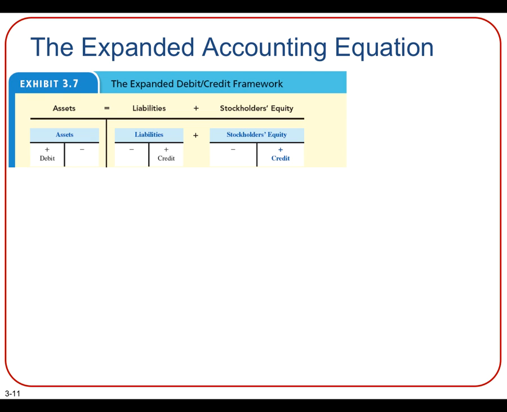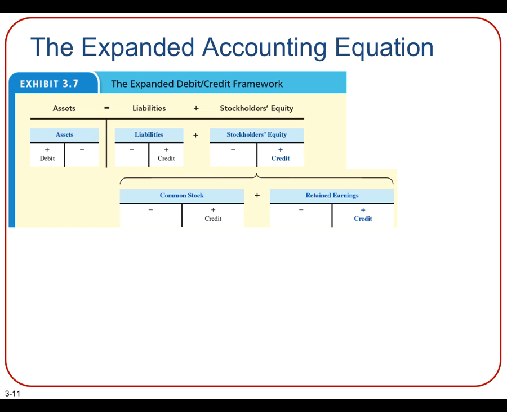Okay, so this is the T account. And then under the shareholders' equity, you also have common stock and retained earnings, right? Common stock is also part of equity. So an increase in common stock is on the right-hand side, so it's a credit. Retained earnings is also on the right-hand side, an increase is a credit.